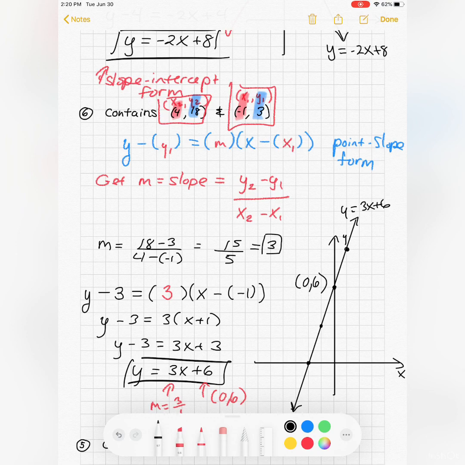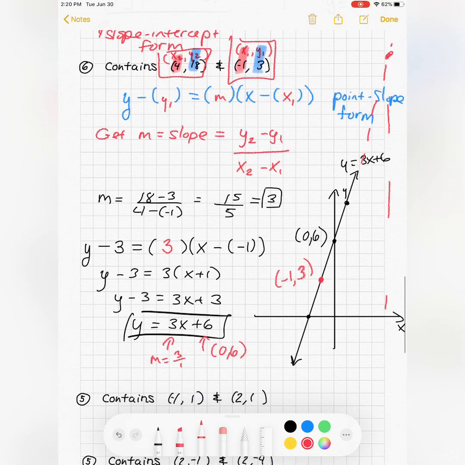And then should I check? Well, let's see, -1, 3 is on there. The other point was 4, 18, so that's going to be way up here somewhere, right? So I guess the other way I could check that would be, if I was to take my line here and I was to plug in 4, would I get 18? 12 plus 6 is 18.